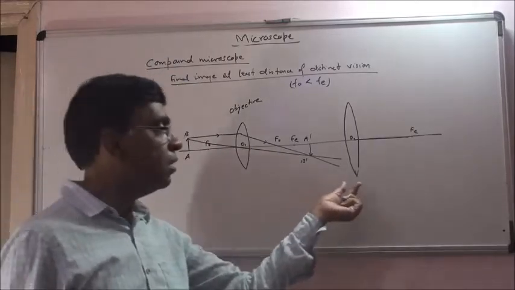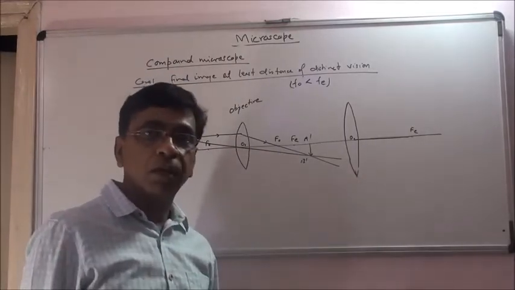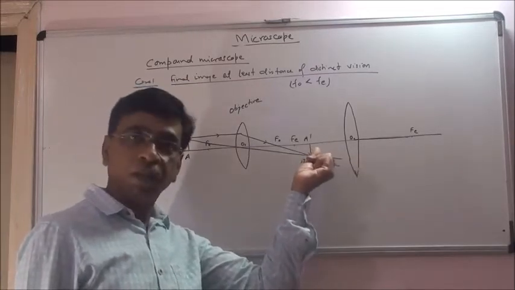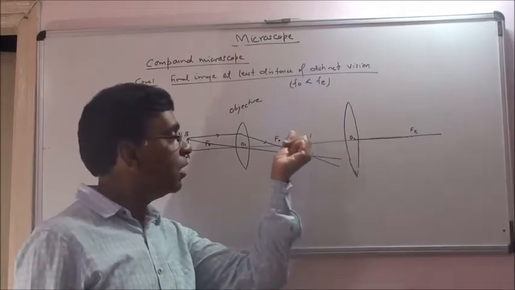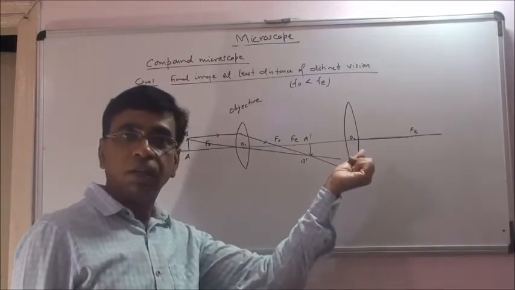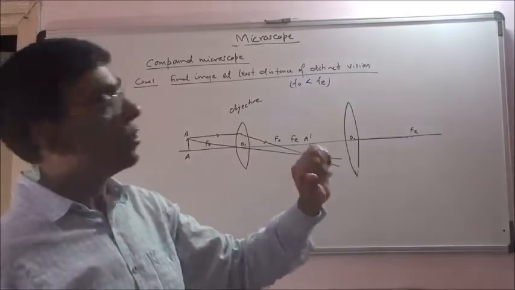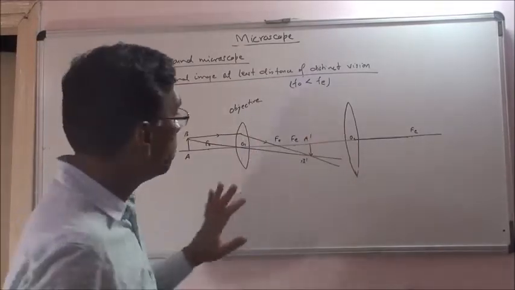So it means this lens is simply acting as a magnifying glass. For this, the object is this one. So for this lens, the object is kept between the focus and the optical center. Whatever we did when we studied simple microscope.